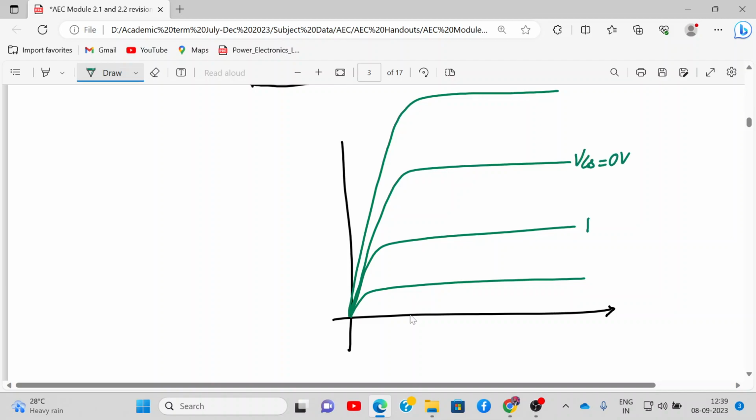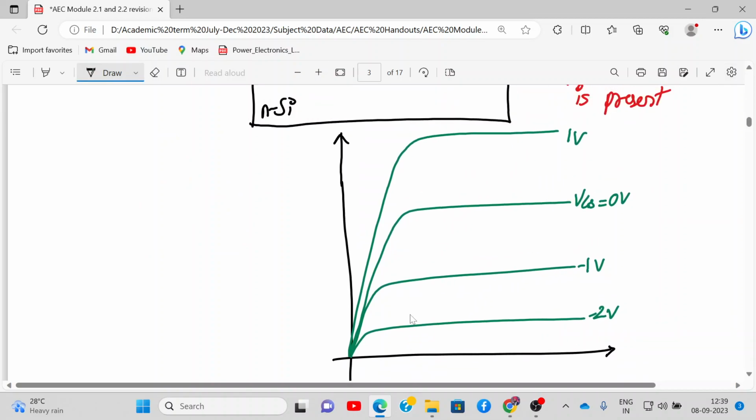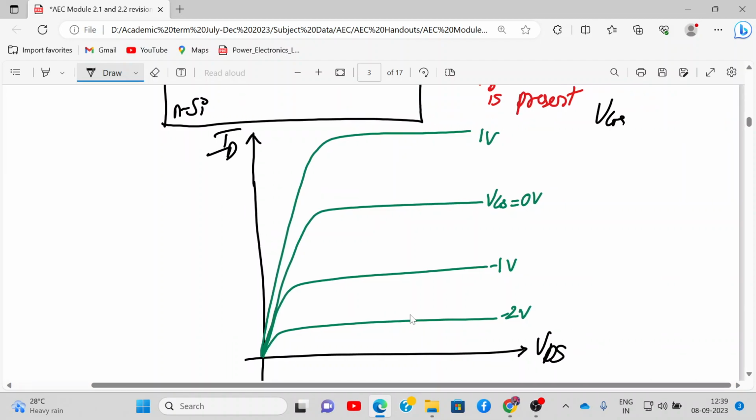VGS can be -1. Here you require negative voltage to turn off, right? -1, and it can be positive also. So VGS can be 0, negative, or positive. That's the major difference in depletion type MOSFET, whereas in enhancement type you can only have positive values of VGS. Here VGS can take 0, positive, or negative value.